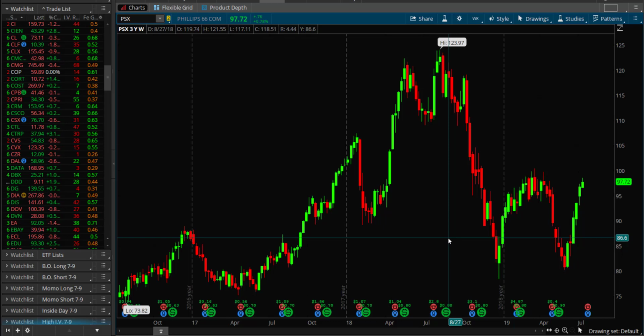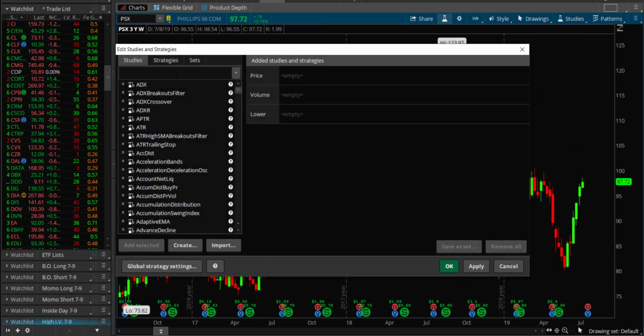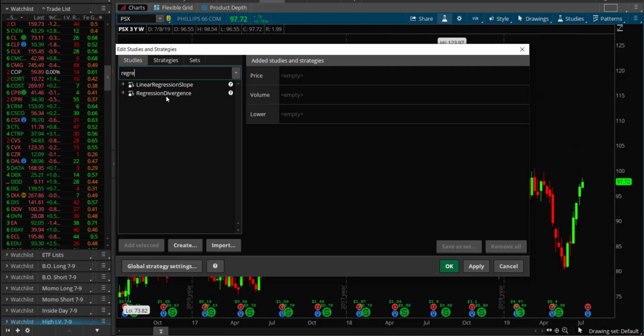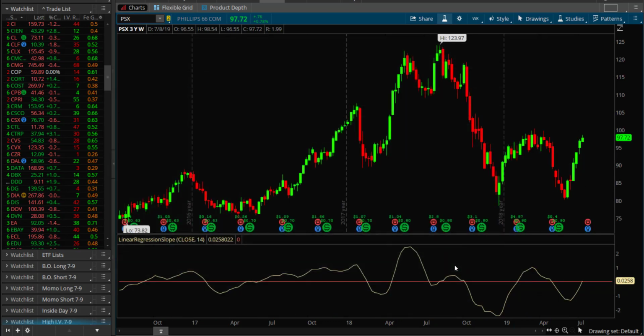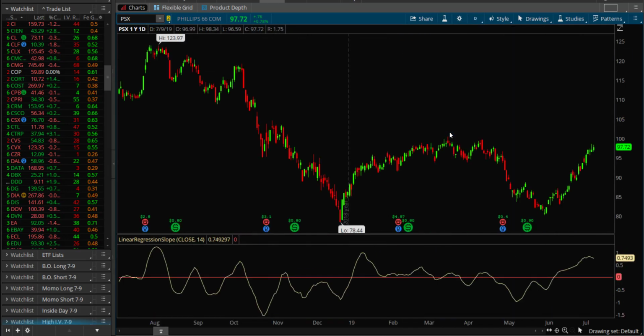Some indicators work differently depending on how much time is on your chart. An example of that is the regression tools. So if you're using any kind of linear tools or the regression tools, these can really act differently depending on what time frame you're on, and it can really mess up your analysis.